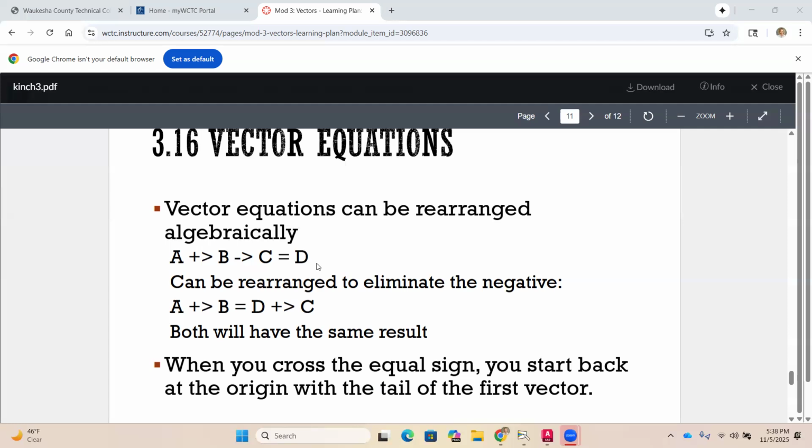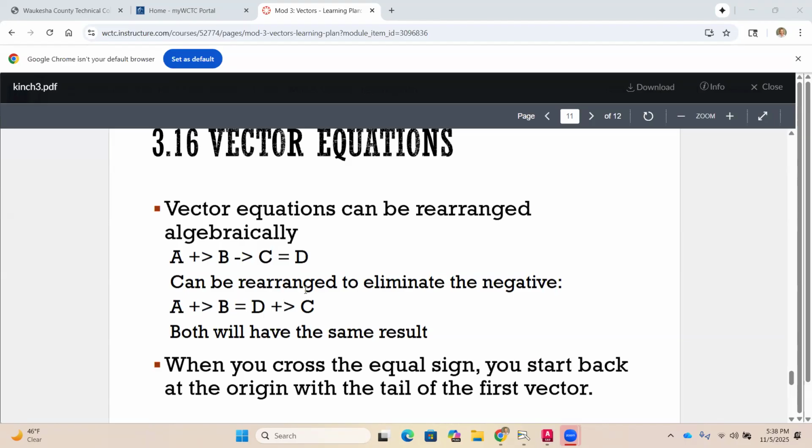So if we look at the top equation, for instance, it says vector A plus vector B minus vector C is equal to D. You'll notice that there's the minus C here. Now, what's nice in working with vectors is when we can work with all positive ones, right? Because then we can add them tip to tail, and it's a little bit easier. We don't have to think about that negative. Not that it's hard, but it's always nice to work with positive values.